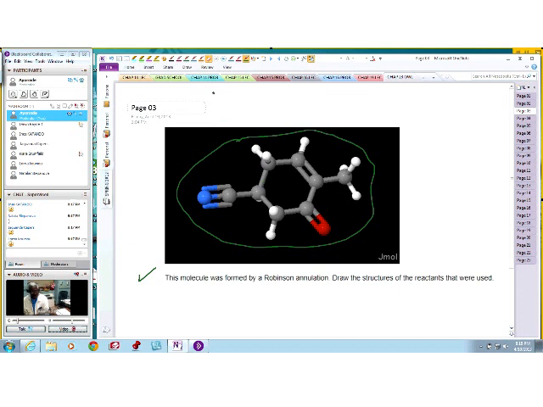Now, Robinson annulation, as you guys know, is a combination of Michael addition reaction plus Aldol condensation.